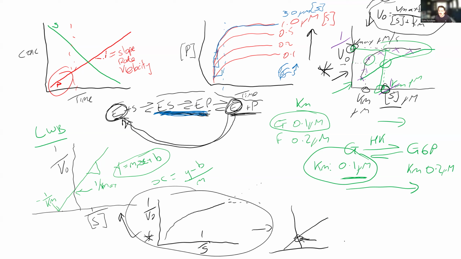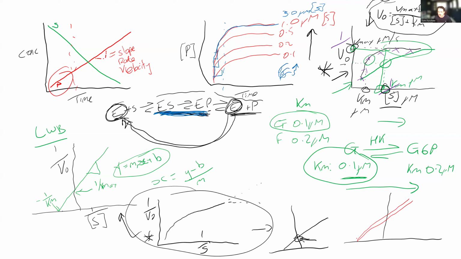Or often with things like chemical inhibitors. Because if we've got a chemical inhibitor, we plot it on a Lineweaver-Burk plot, depending on the type of chemical inhibitor. Remember, we looked at 2 types. Maybe it is an uncompetitive inhibitor.